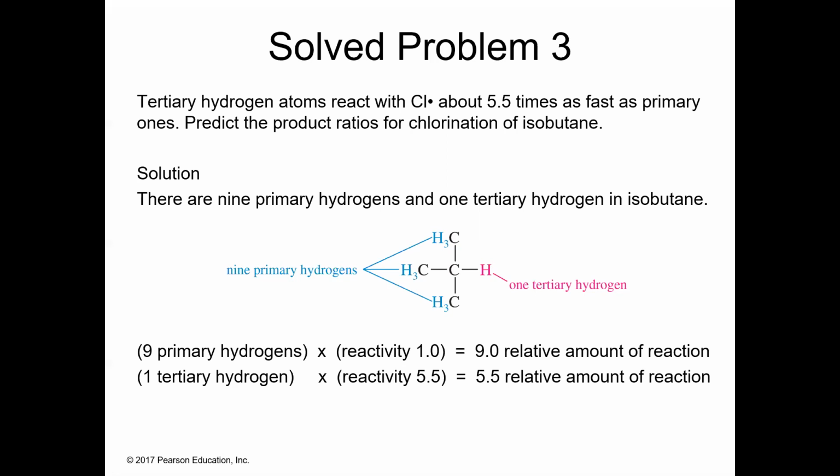So this shows a calculation. Okay, we have 9 primary hydrogens, but only 1 tertiary. And so if we multiply the number of hydrogens by the relative reactivity, we get the relative amount.